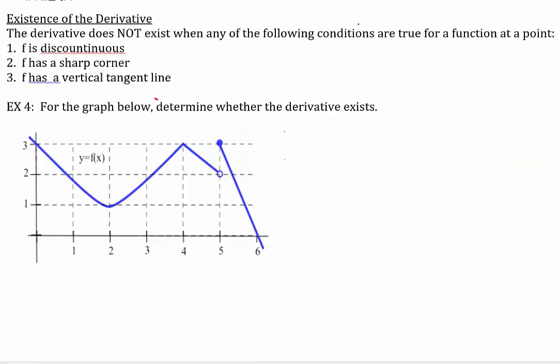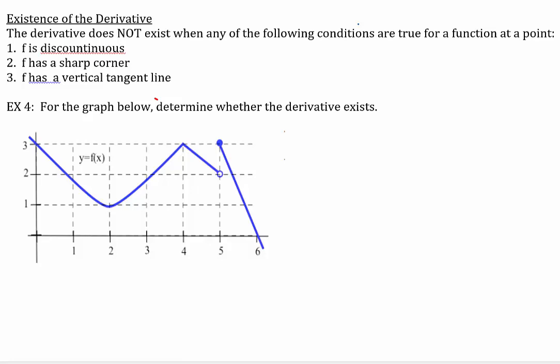So finally, I've got one more topic to mention, and that is when can you find derivatives? When can you find tangent lines, basically? I have written down 3 different conditions, 3 different cases where a derivative would not exist. These are places where you cannot draw tangent lines, or you can't find the slope of the tangent line.